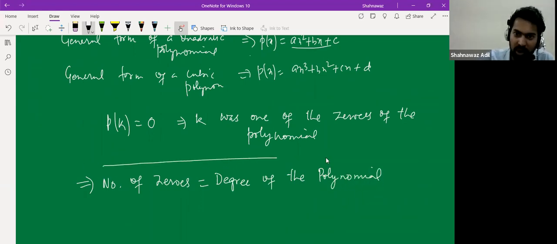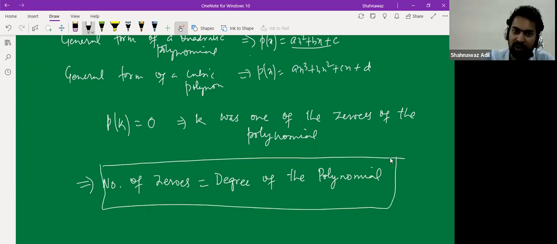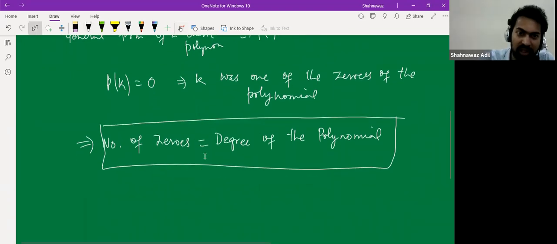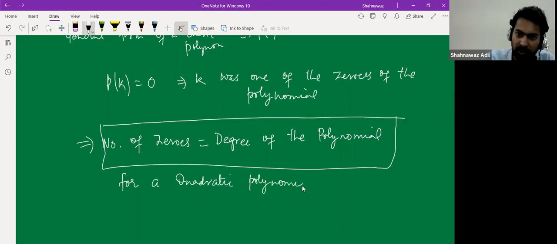Extremely right. So for a quadratic polynomial, what will be the number of zeros? 2. So for a quadratic polynomial, the number of zeros is 2.